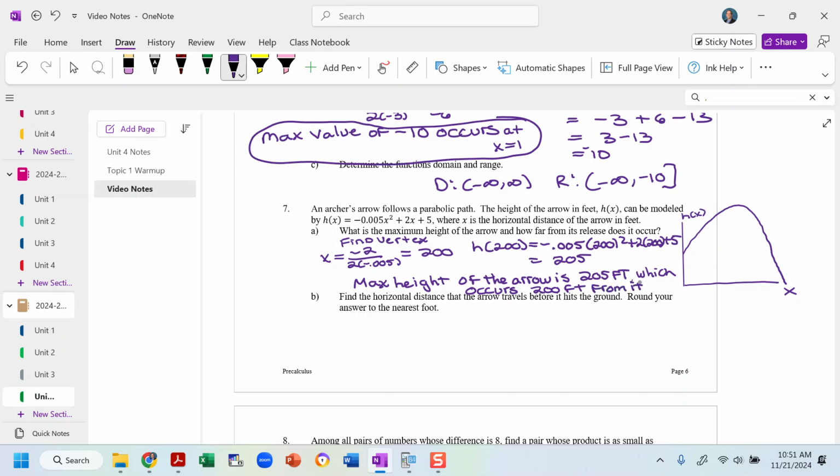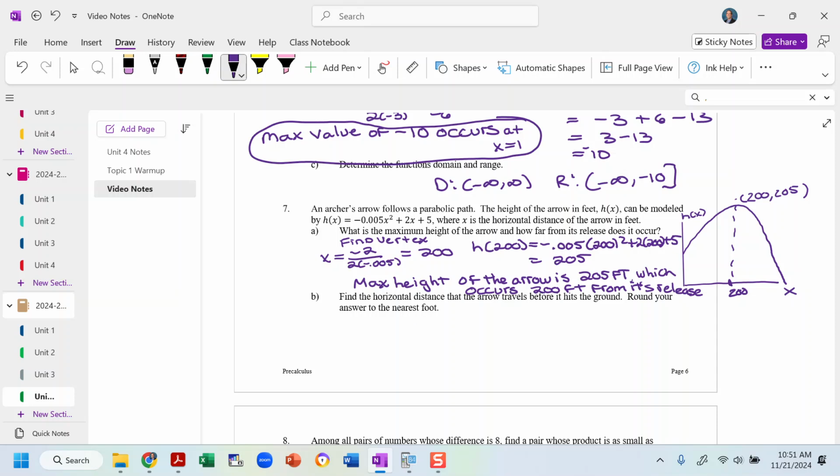Because remember, the y is the height, and the x is the horizontal distance. So this is 200, and this is 205. So this is the point (200, 205). That is the maximum height of the arrow.